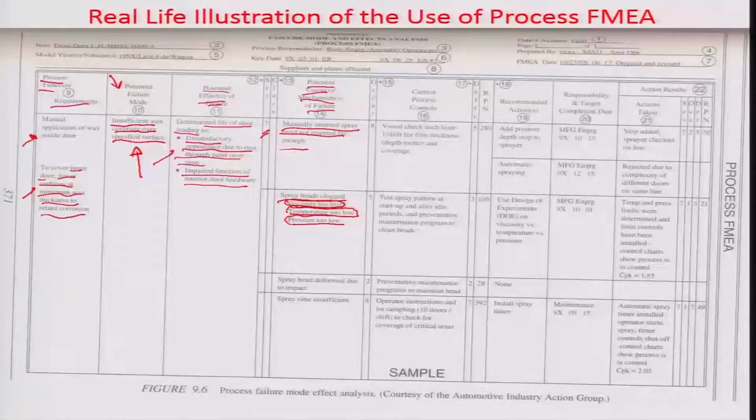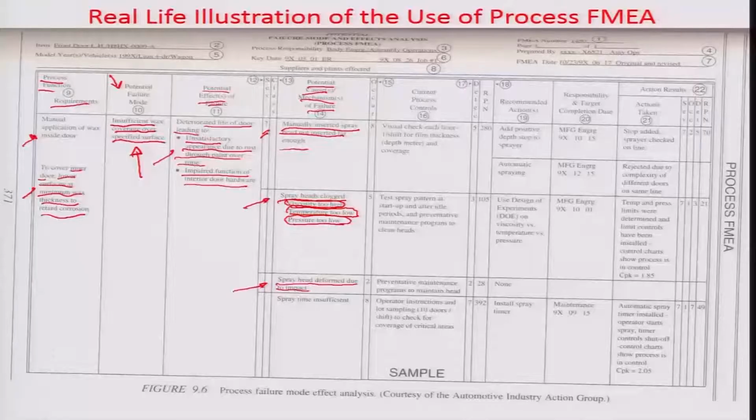Or even if sometimes the pressure is too low, the pressure of pumping the wax from a wax cylinder onto the dispenser, that also may lead to clogging. And so therefore there has to be a checkpoint related to whether the wax spray is reasonably okay on the door inside, so that you have a thin layer of wax covering those holes, which will prevent waterlogging from happening.